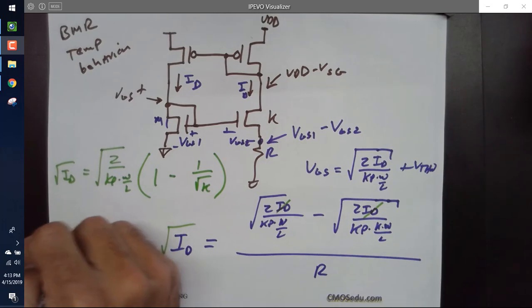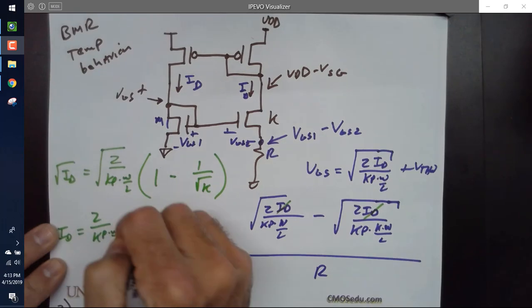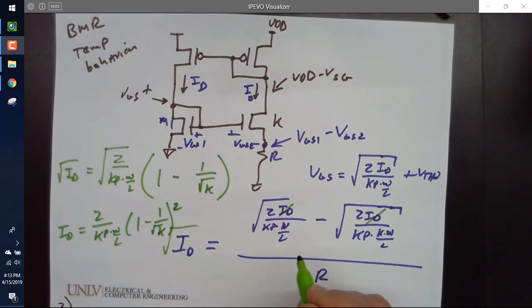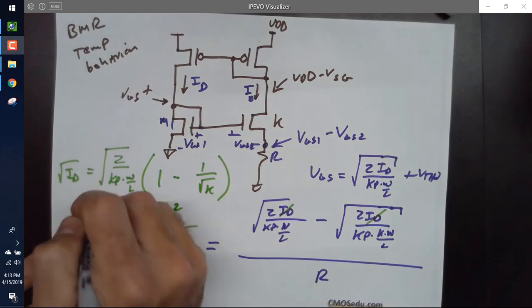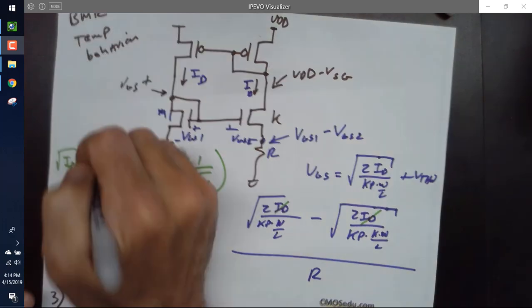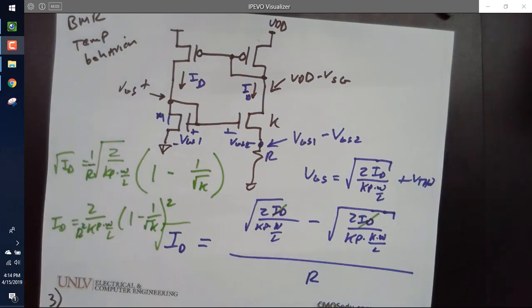Or finally, ID is equal to 2 over Kp times W over L, times 1 minus 1 over square root of K, squared, over R squared. Just in case there's anybody that loves math out there. All right, any questions on that?